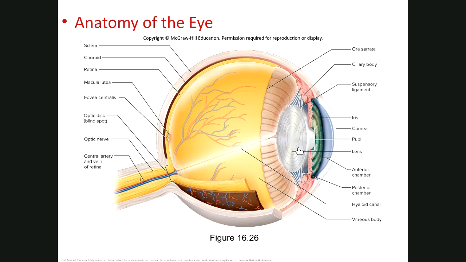Fluid that is kept here will put pressure on the lens, and that increase in pressure will put pressure on the vitreous humor. This vitreous humor is like a jelly-like substance that fills the whole area here. That would press on the retina and actually press on the optic nerve.